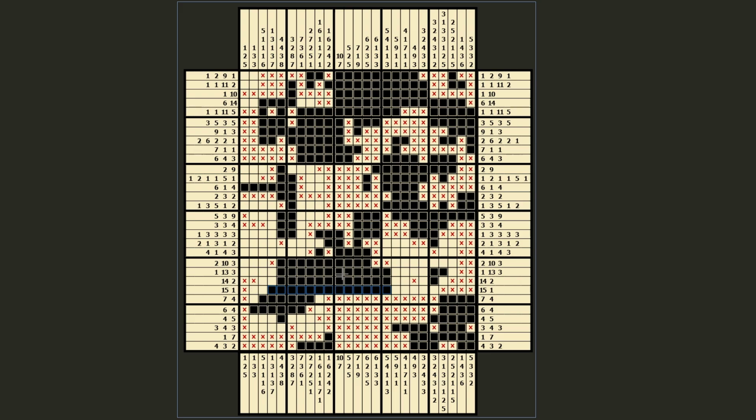Where to now? Oh, this must be a 2. So that's 3, 1, 3, 3, 1, 2, 5. This is the 1. No space for the 3. And there's 2, 5, 2, 1, not yet known.